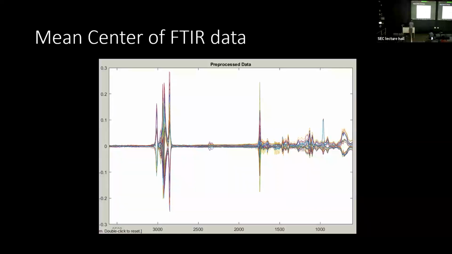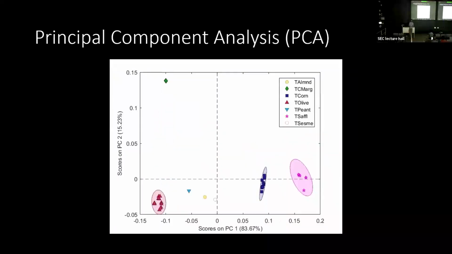So if there's some change in the chemistry, we can pull out that subtle change. And then we can plot it in this principal component space. And now the safflower oil is well separated out from all the other chemistries. The safflower oil and the peanut oil and the corn oil and the olive oil.